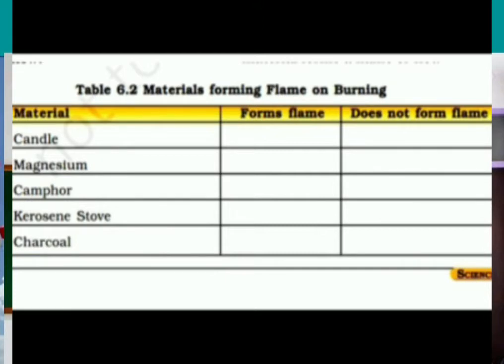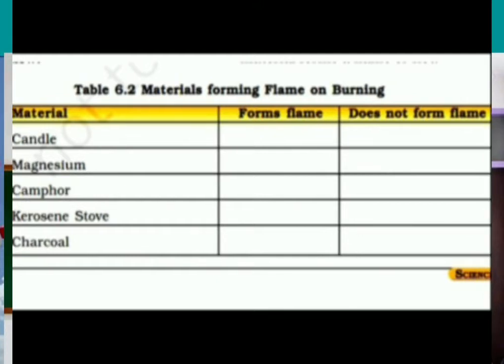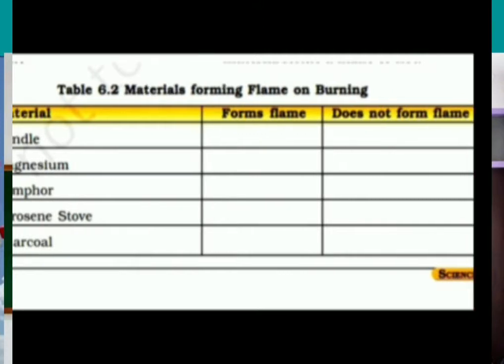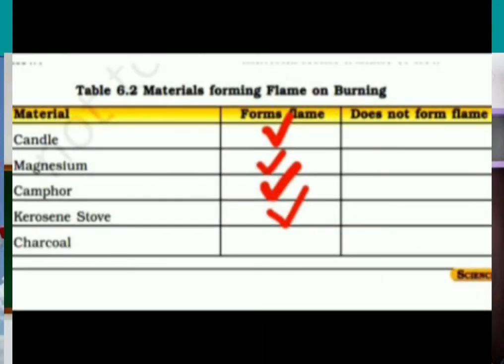Let's look at which form flame and which do not. When we burn candle, magnesium, camphor, kerosene stove, it will form flame, and in the case of charcoal, it does not form flame. How is this flame formed?